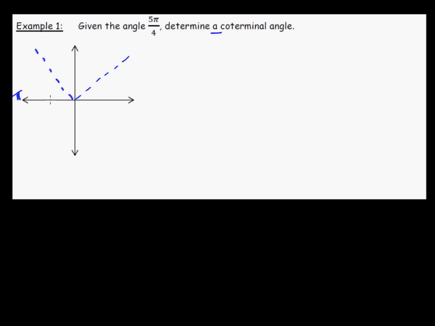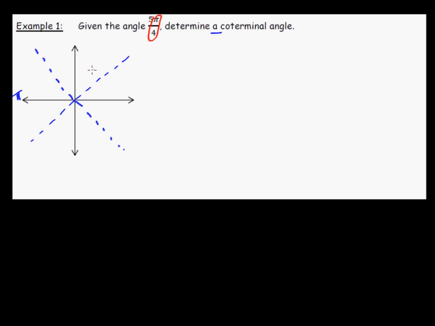If we split the bottom half of the Cartesian plane into 4 sections as well, because this is another pi radians, what we want to do to get the angle 5 pi by 4 is rotate 5 of these quarter sections. So pi by 4 is what we've done here.